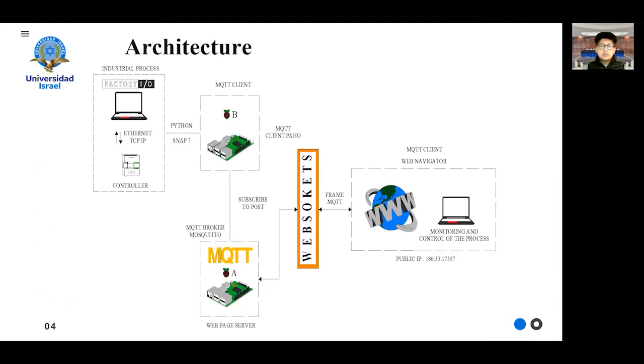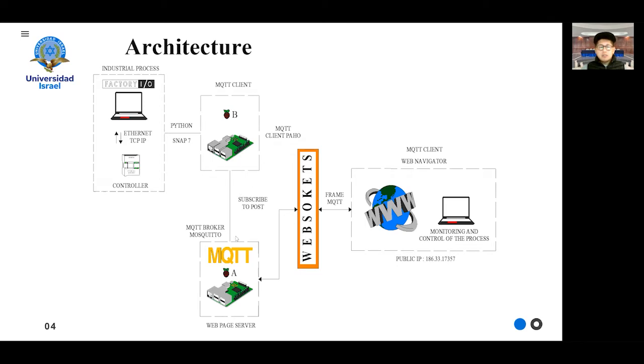This is the architecture of the proposed system to control the manufacturing process. We have Factory I/O, Ethernet TCP/IP for communication, and a controller programmed with Python and the MQTT client on Raspberry Pi.